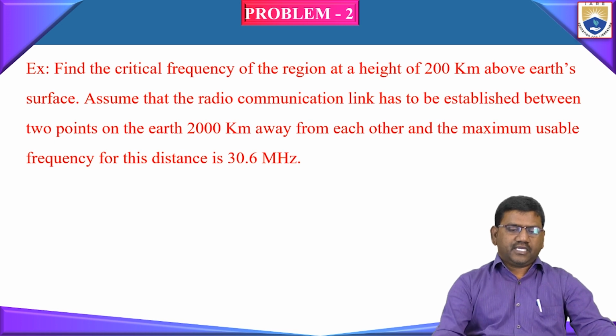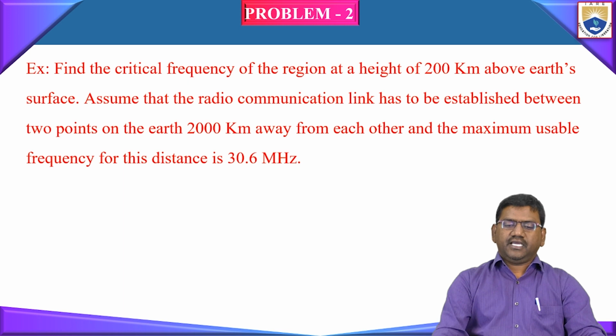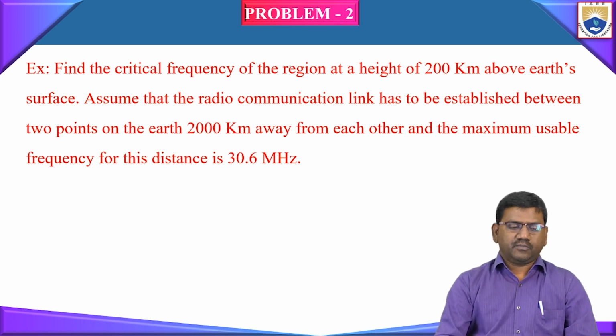Now let us do the second problem. Find the critical frequency of the region at a height of 200 kilometers above Earth's surface. Assume that the radio communication link has to be established between 2 points on the Earth 2000 kilometers away from each other, and the maximum usable frequency for this distance is 30.6 megahertz.